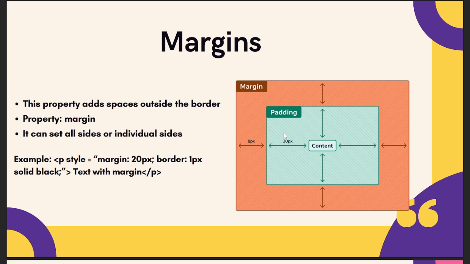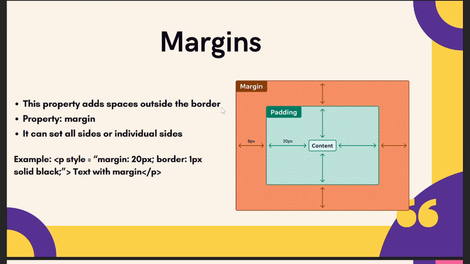You see this image I have over here? This is the content, and the padding was done inside. The content ends here. This is the border of our content, and the padding is happening right inside, while the margin is happening outside, outside our content.